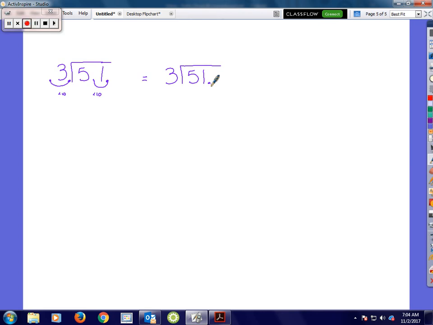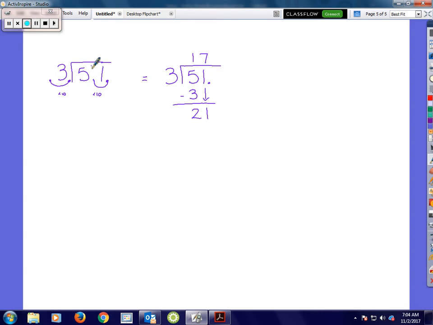So now what I'm going to do is 3 goes into 5 one time. 3 times 1 is 3. Subtract 2. Bring down my 1. 3 goes into 21, 17. So my answer is 17. My answer over here would be 17.